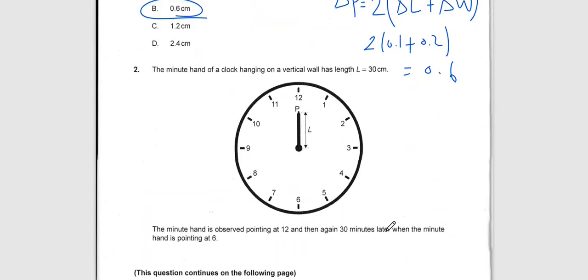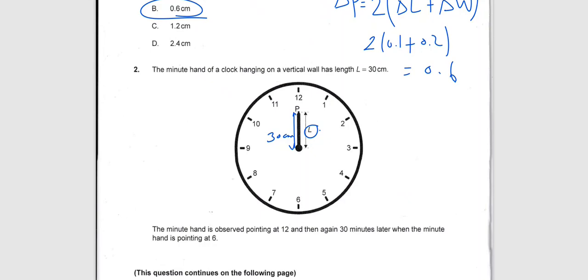Question 2, you have a minute hand of a clock hanging on a vertical wall that has a length from here till here. This length is 30 centimeter. This is L. Now the question: a minute hand is observed pointing at 12, then again 30 minutes later when the minute hand is pointing at 6.